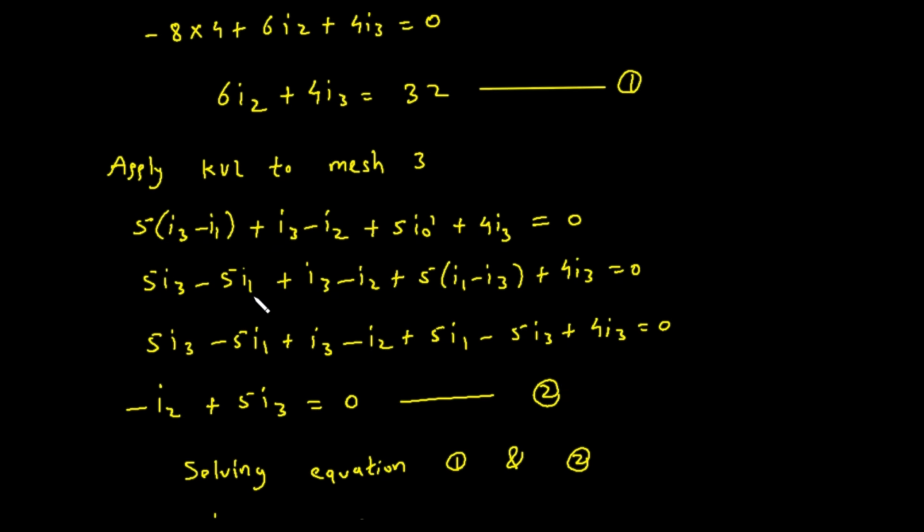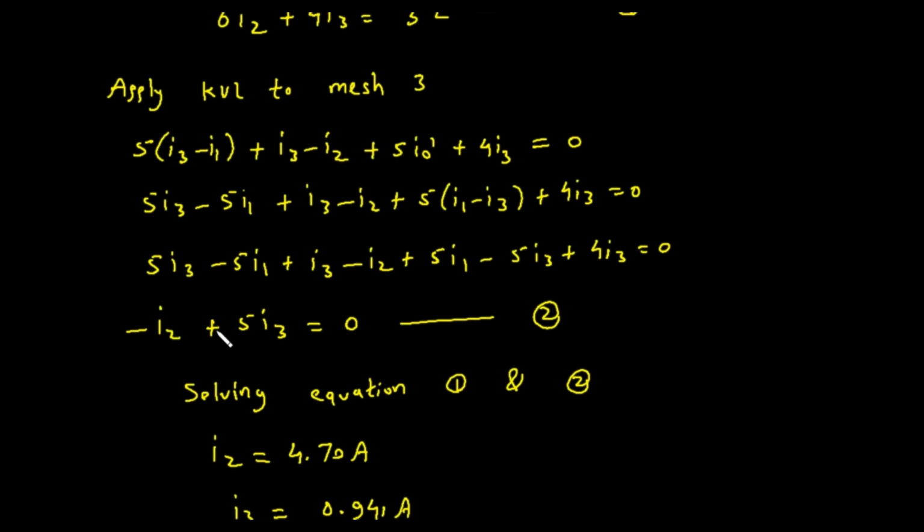5 I sub 3 minus 5 I sub 1 plus I sub 3 minus I sub 2 plus 5 times I sub 1 minus I sub 3 plus 4 I sub 3 equals 0. Let's expand this: 5 I sub 3 minus 5 I sub 1 plus I sub 3 minus I sub 2 plus 5 I sub 1 minus 5 I sub 3 plus 4 I sub 3 equals 0. Now, let's combine the like terms.